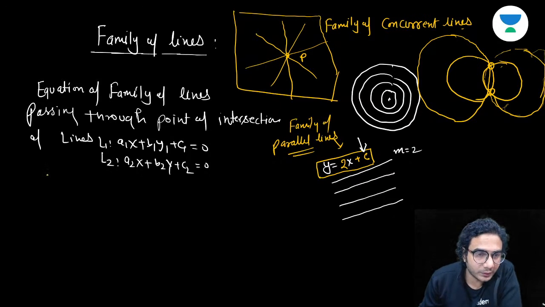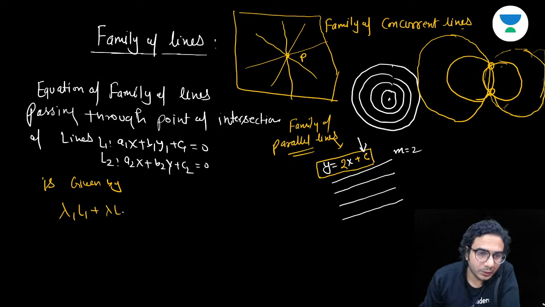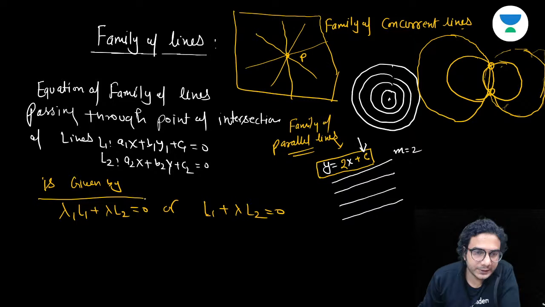Okay, so let's come back to here. The equation of the family of lines passing through the point of intersection of this and this is given by lambda1 L1 plus lambda2 L2 equals 0, or you can say L1 plus lambda L2 equals 0. So this represents the family of lines.